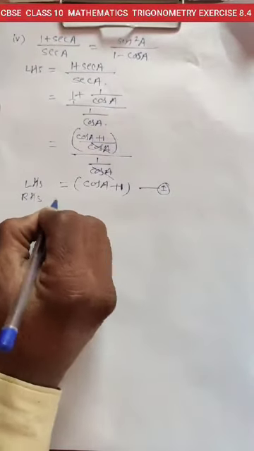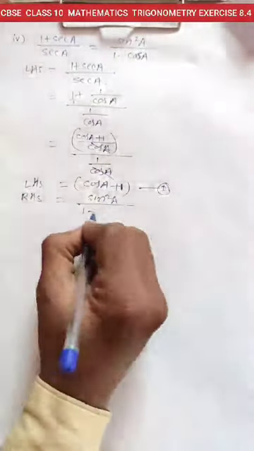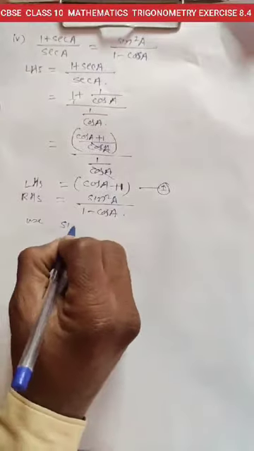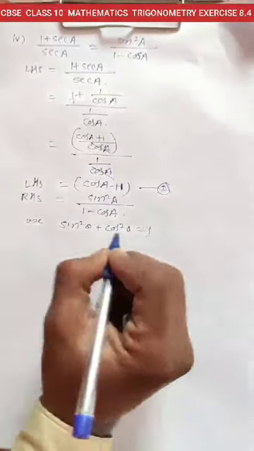Now we consider the RHS. The RHS value is sin square A upon 1 minus cos A. Here we use the first identity, sin square theta plus cos square theta equals 1.